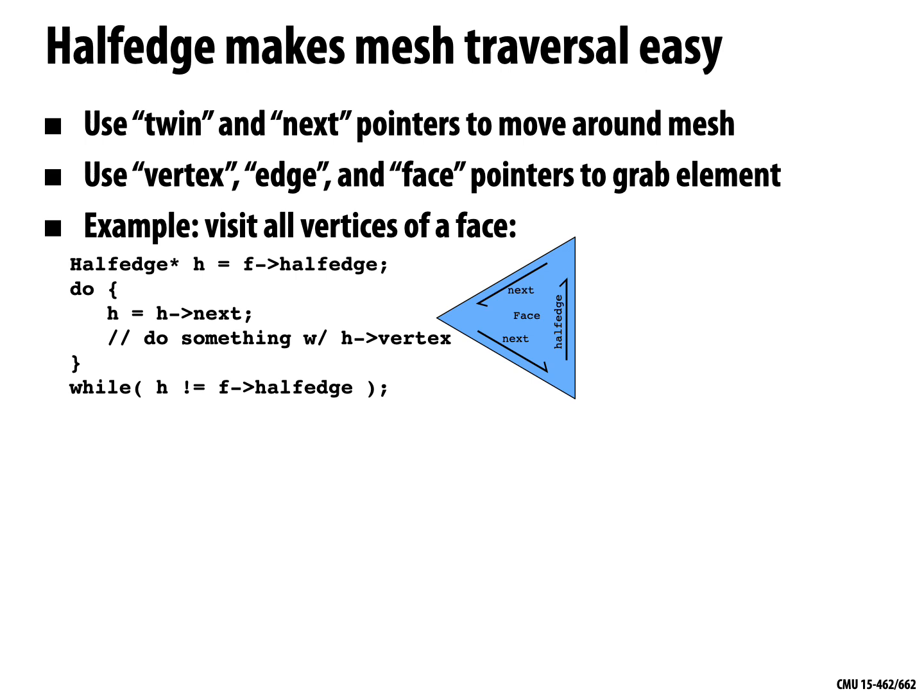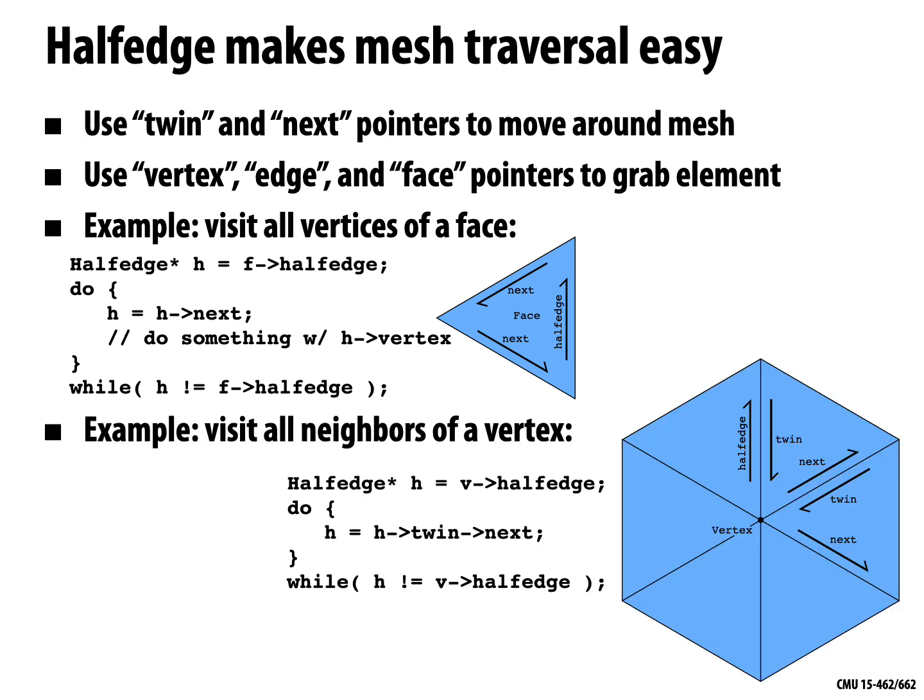If I wanted to visit all the edges around the triangle, I'd go grab the edge from the half edge rather than the vertex. Okay, a little more interesting example is I want to walk around a vertex. So I have a vertex V, and I want to walk around it, maybe to visit the neighboring vertices or the triangles that touch it or the edges that touch it, whatever. So what I can do is start with a half edge that's equal to the one outgoing half edge that the vertex knows about.